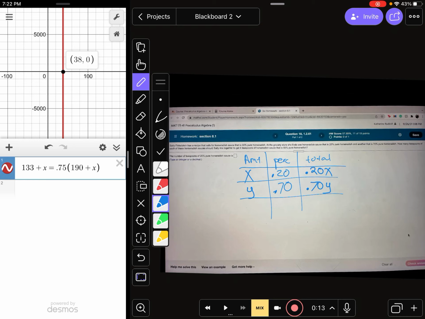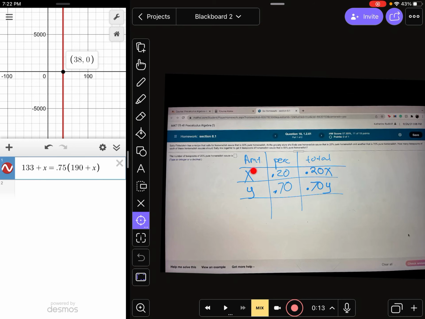Okay, so that's what she bought. Those two are what she bought at the store.